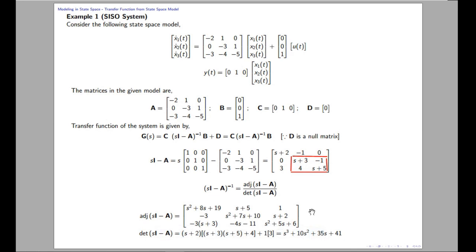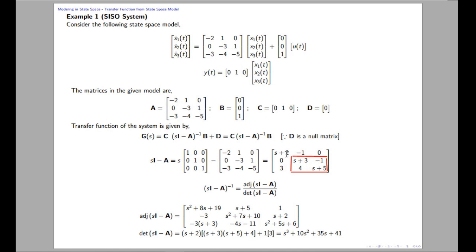The next thing is to find the determinant of sI minus A. sI minus A is already here. How will you find the determinant? You can expand this matrix by either the first row or the first column. Choose any row or column, better one which has more zeros.